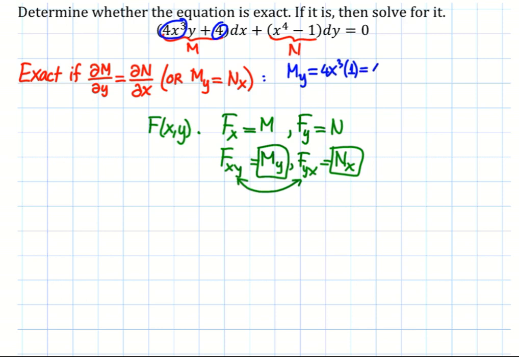So this is just 4x cubed. And then N_x, I'm sorry, the derivative of N with respect to x. The derivative of x to the 4th, that term is 4x cubed. Now we do have the derivative of M with respect to y equal to the derivative of N with respect to x. So the equation is exact.